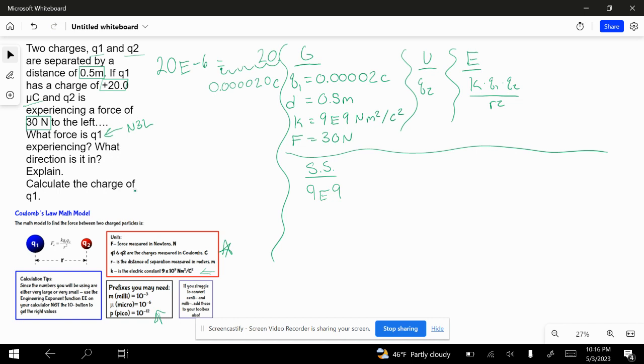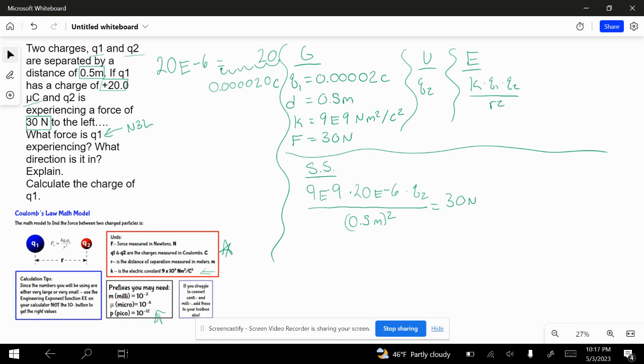That will get us that multiplied by Q1, which we'll just go with 20 E negative 6, times Q2, over 0.5 meters. We have to square that whole thing here, equals 30 newtons.